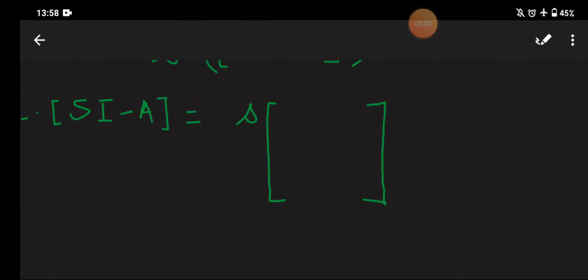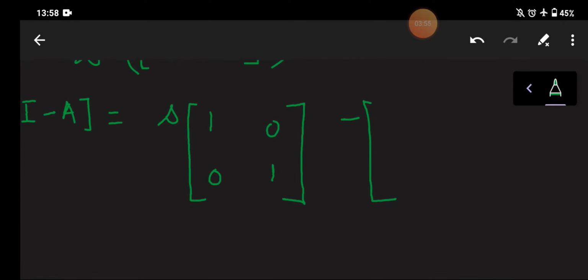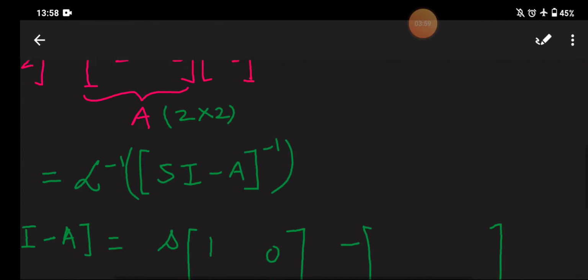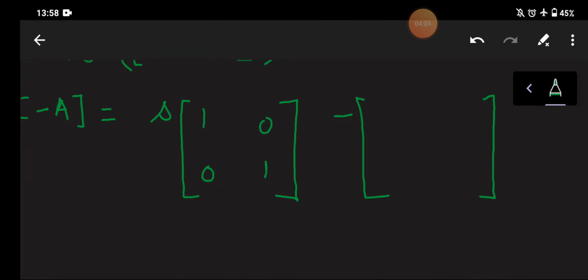We will write here 1 0 0 1, then a minus sign, and then the matrix A, which is 0 1, minus 2 minus 3.